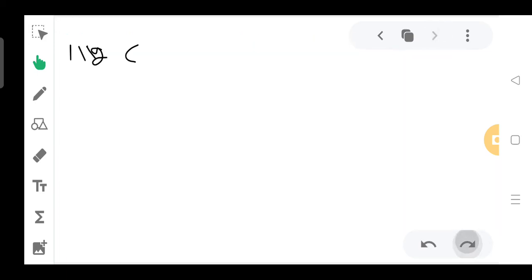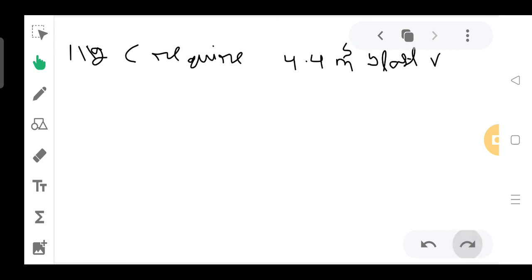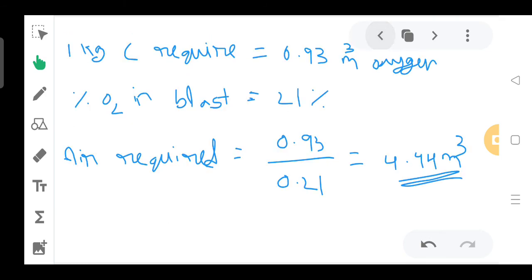We know that 1 kg carbon requires 4.44 meter cube of blast air.